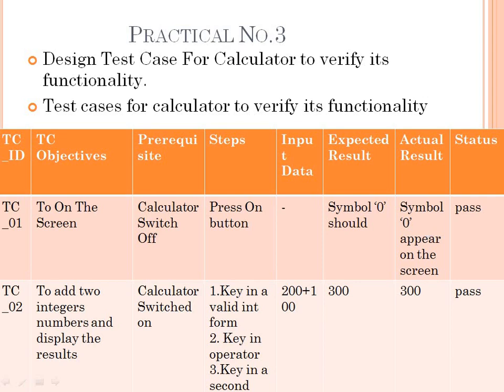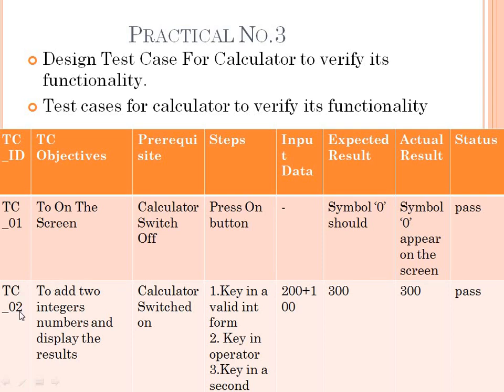We require the actual result to be equal to the expected result, and then the status is pass. After pressing the on button, the expected result is that the symbol 0 should appear on the screen, the actual result is that the symbol 0 appears, and the status is pass.